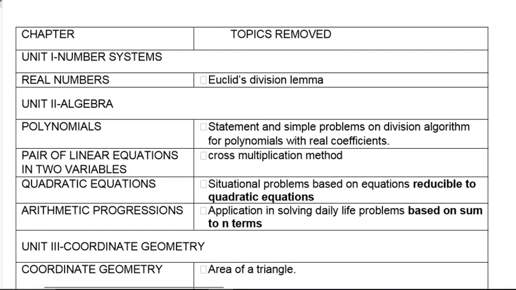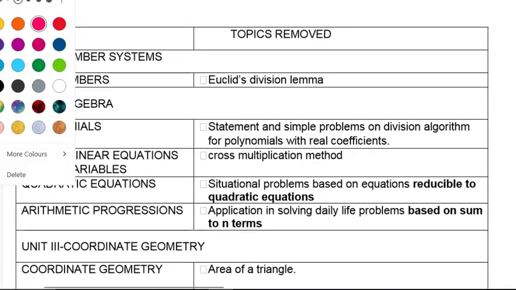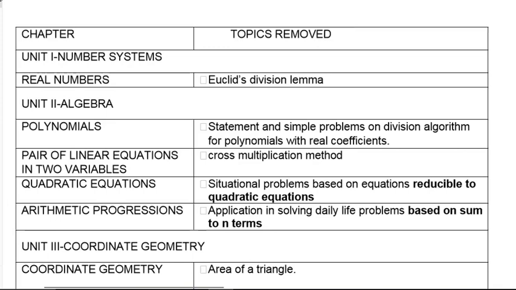Similarly, from the chapter polynomials, statement and simple problems on division algorithm for polynomials with real coefficients is also excluded. So Euclid's division lemma you need not do, and statements and simple problems on division algorithm for polynomials with real coefficients are also excluded.